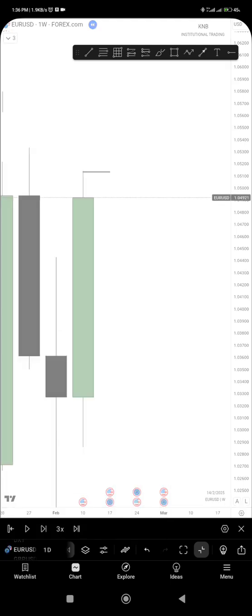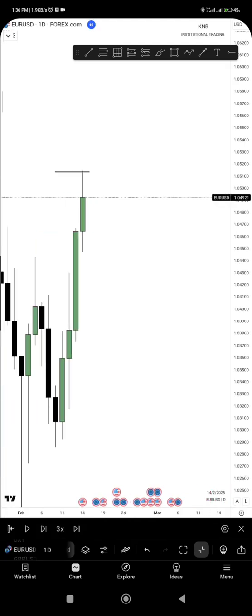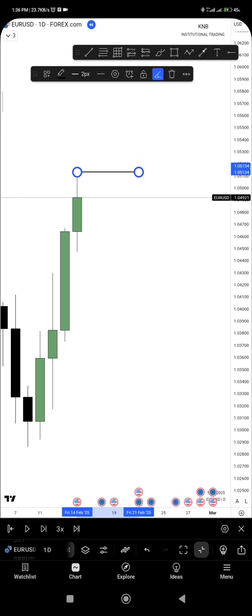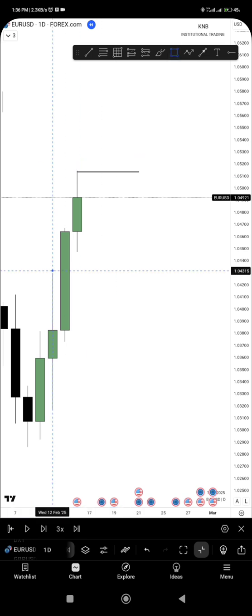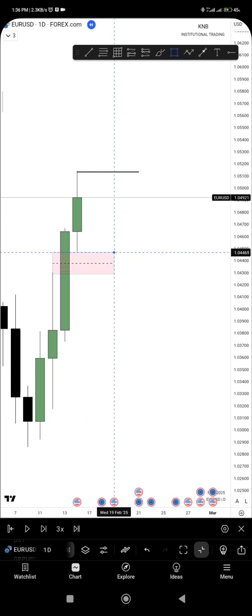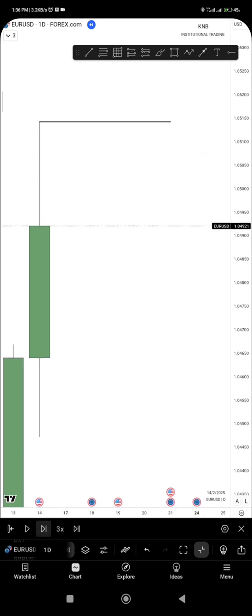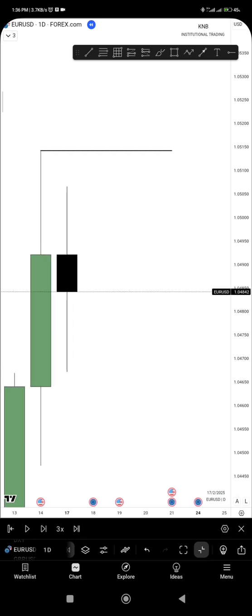Then on the daily time frame, we were now looking for some fair value gaps that price could react from, and then trade lower. This was what we were looking for. Good. Now the Monday candle opened up and did something very interesting. Monday opened up. Do you see? That's the Monday candle.